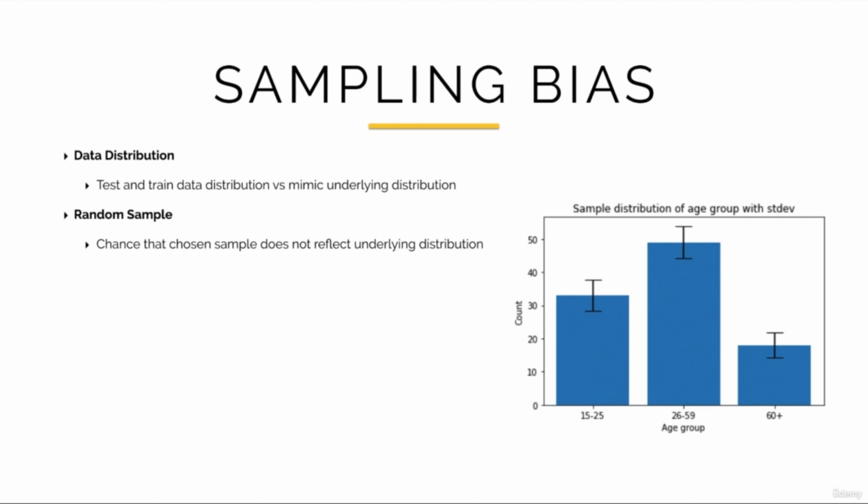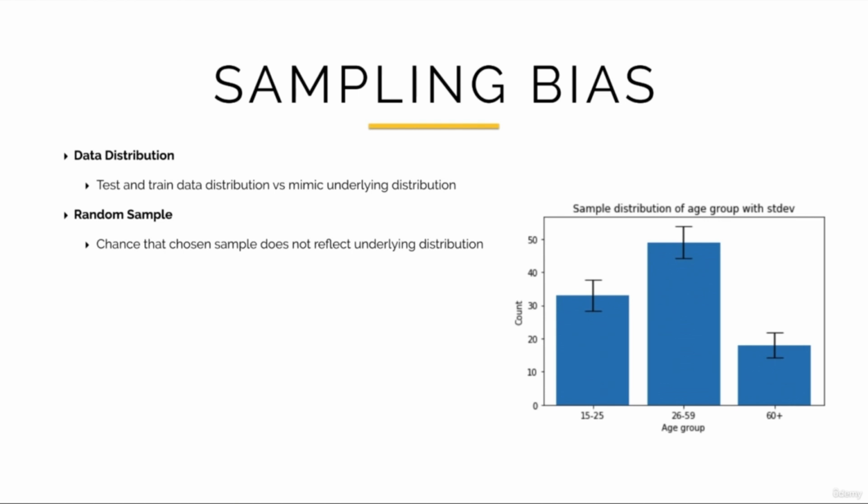Sometimes that's okay, but in some cases, when there is an important feature that you want to mimic in your distribution, sometimes this important feature can have effects on how the subjects behave or what the outcome of your experiment is. So for example, in the case of the age group, the different ages may have varying opinions or perspectives, and therefore their answers to questions may have a significant effect on the outcome.